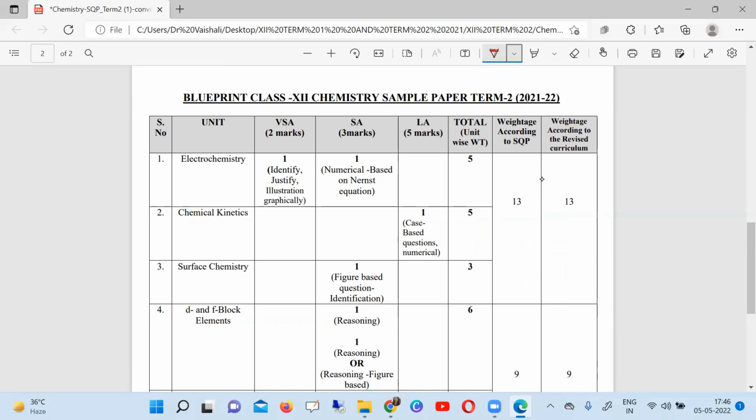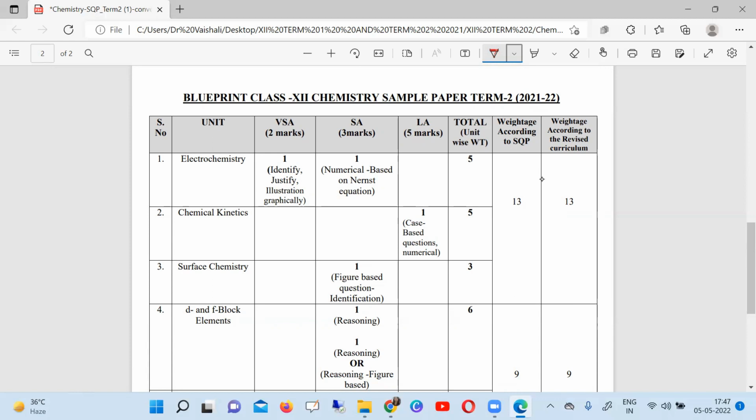In electrochemistry, the first question is a 2-marker, and it is based on Bloom's taxonomy parameters: identify, justify, illustrate graphically.